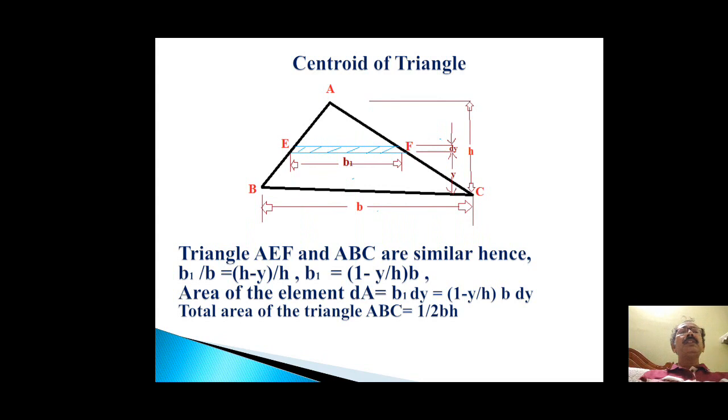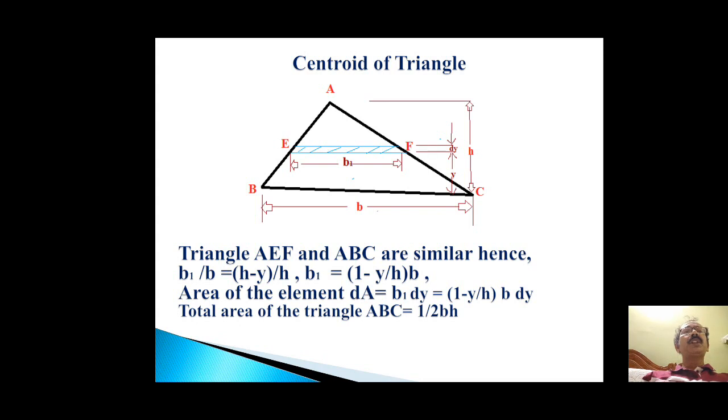Now, how to calculate the centroid of a triangle? This is a triangular area, triangle ABC with base b and height h. We first consider a small elemental strip of base b1 at a height y from B and thickness dy. So the area of the elemental strip is nothing but b1 into dy.